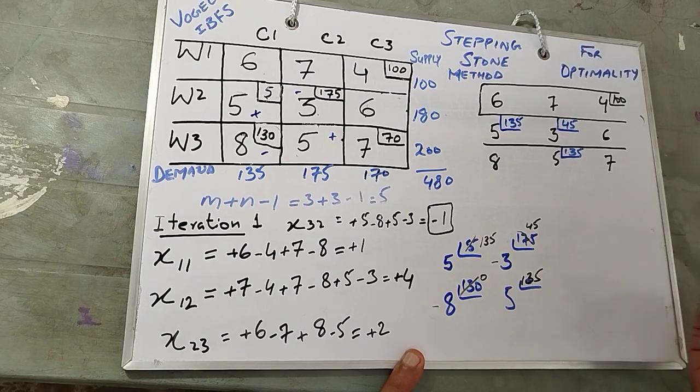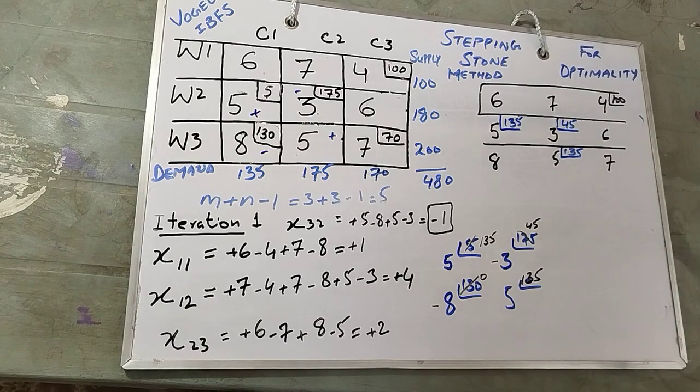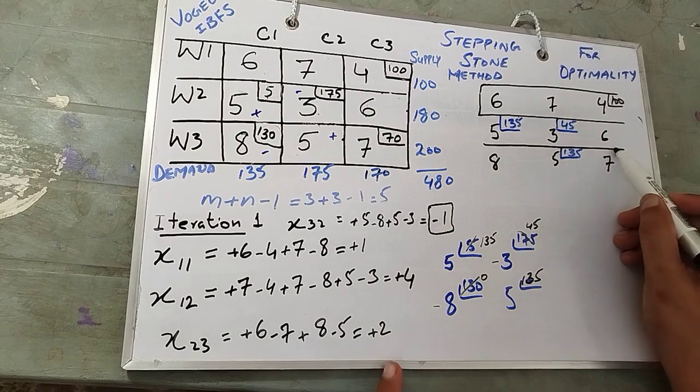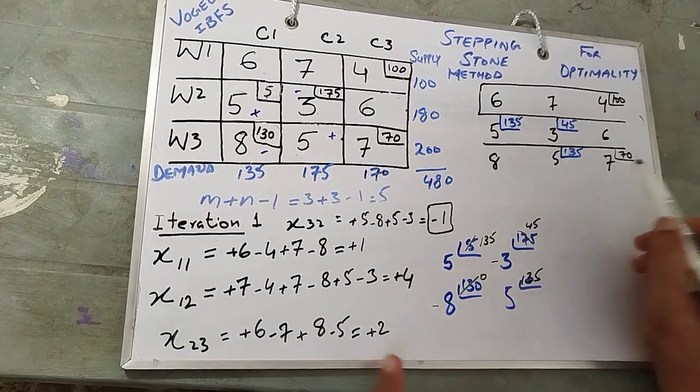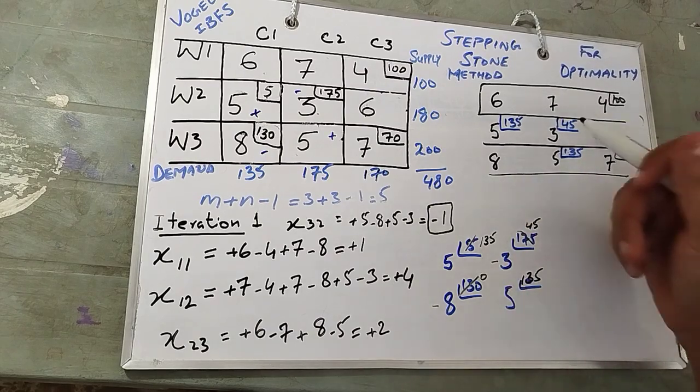It is an old one, so I will be writing with the same marker, 70. One, two, three, 4, 5.